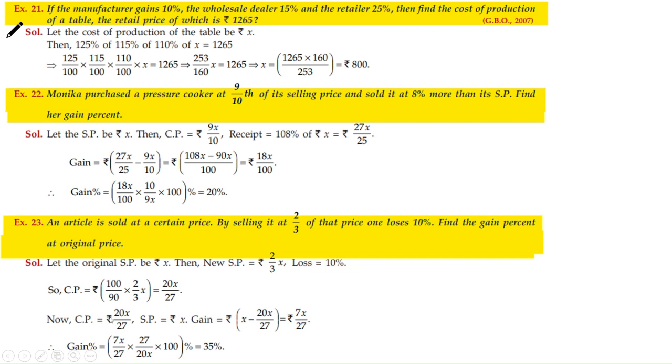Selling price equals rupees x, then gain equals x minus 20x by 27, which equals rupees 7x by 27. Gain percent equals 7x by 27 into 27 by 20x into 100, which equals 35%.